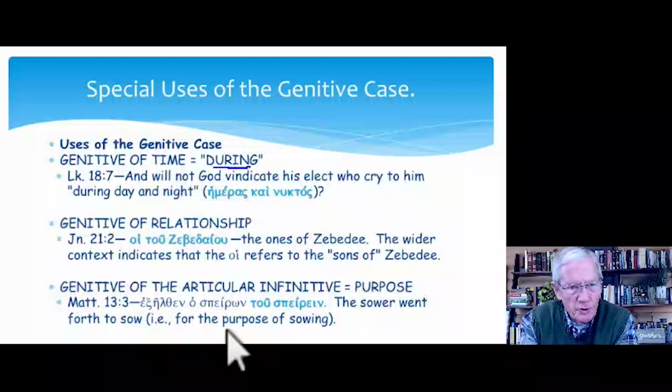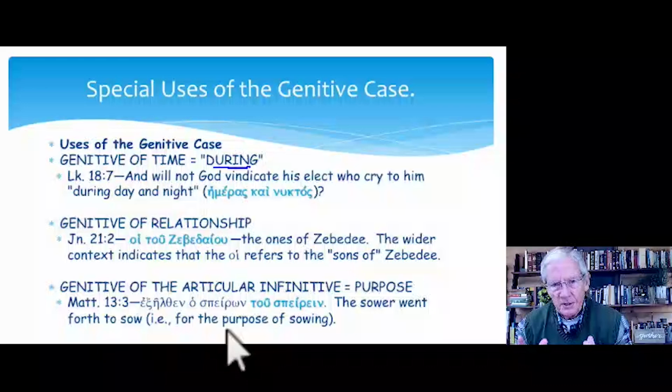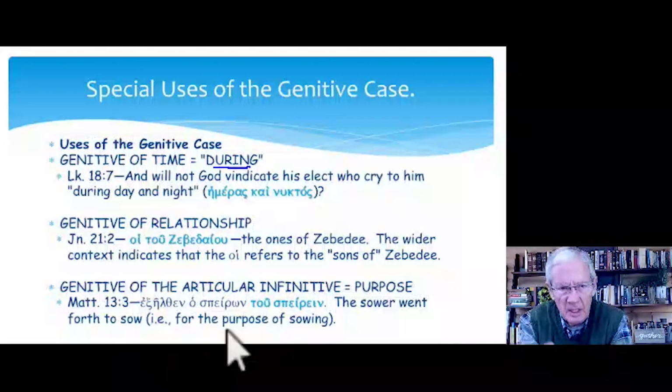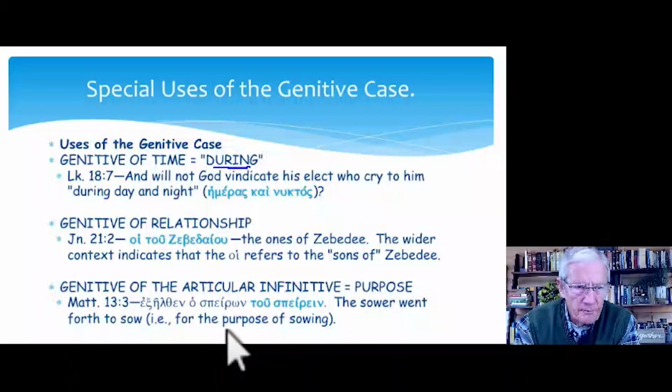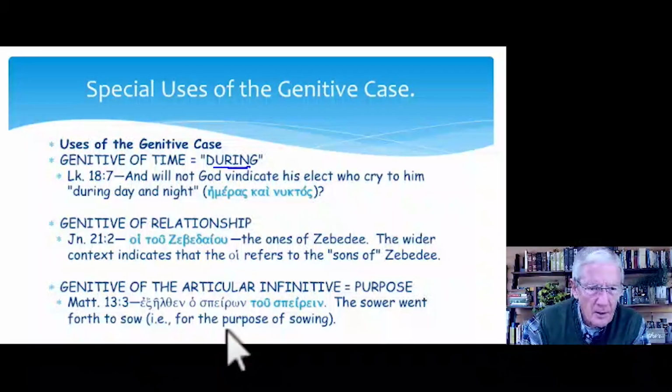Then in Matthew 13:3, we have what's called a genitive of the articular infinitive, and this expresses purpose. The articular infinitive simply means that there's a genitive article before the infinitive. So, exelthen ho speiron tou speirein.